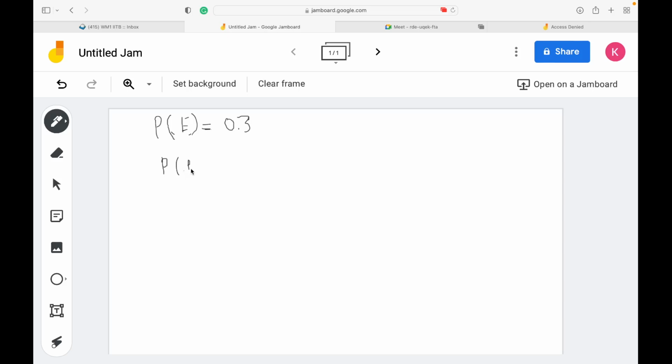Students who offered the Hindi course is 0.2, and the students who offered both English and Hindi, so I can say the intersection of these two events, students with the English course and students with the Hindi course, that is 0.1.